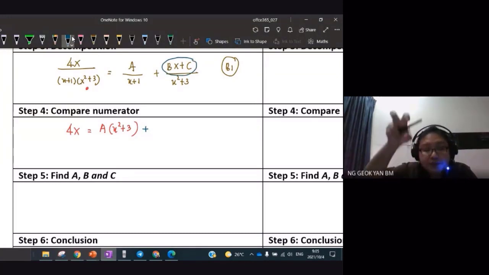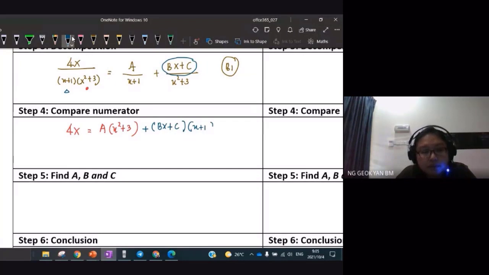So dia ada dua sebutan dalam faktor itu. So it means it is better you use a bracket to prevent the mistake. Kerana nanti penggantian nilai dia akan ganggu. So apa yang dia kurang? Dia kurang x plus 1. Itu je. This is something that you have to be careful. Okay, if you make this correctly, then you get another 1 mark. Okay, clear with it, right?